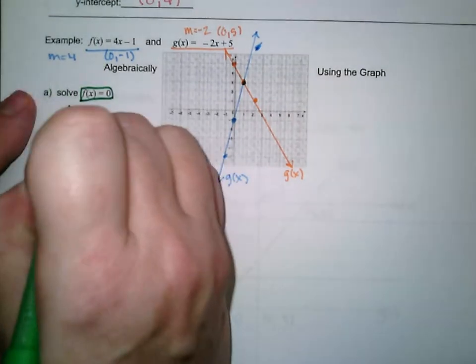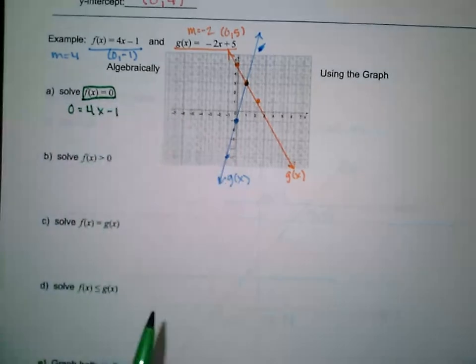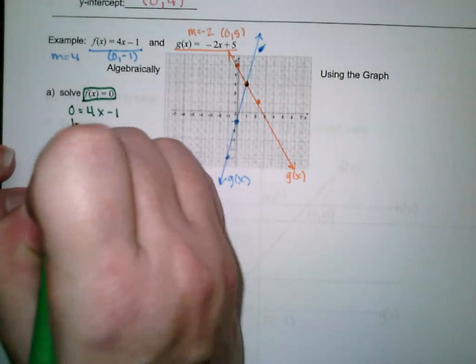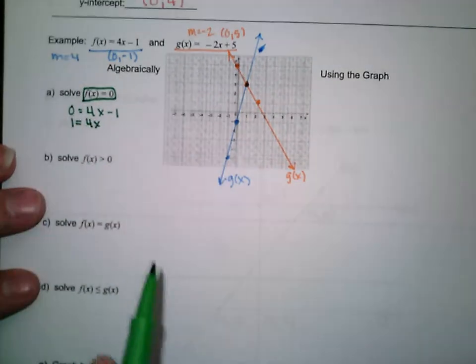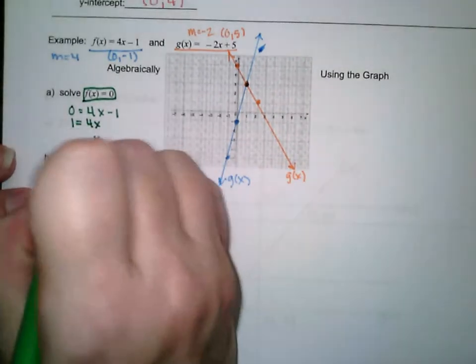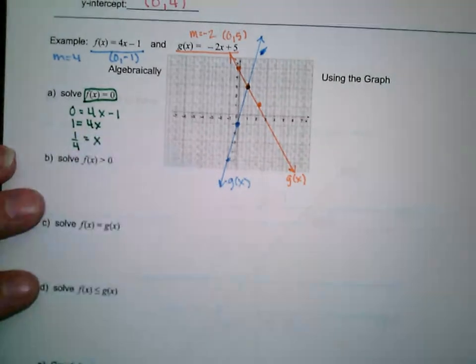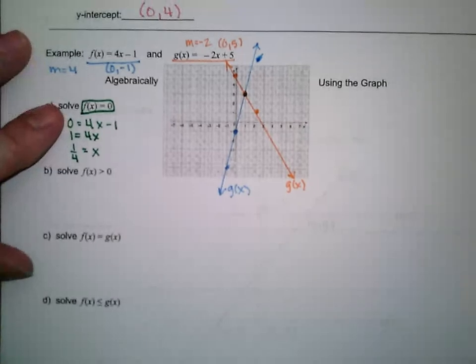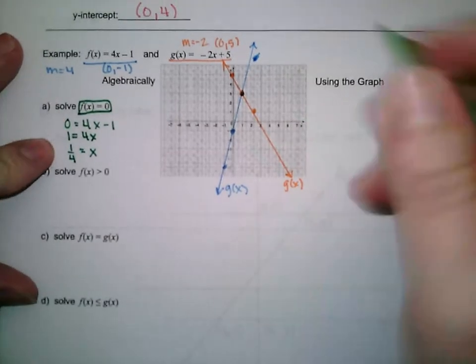So 0 equals 4x minus 1. And then we solve that. We'll add 1 to both sides. So 1 equals 4x. Divide both sides by 4. So x equals 1/4. So the solution algebraically is x equals 1/4.